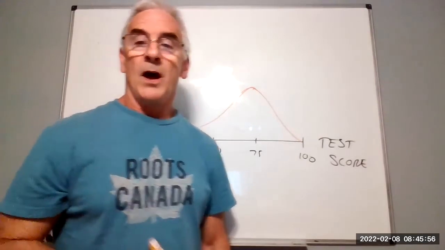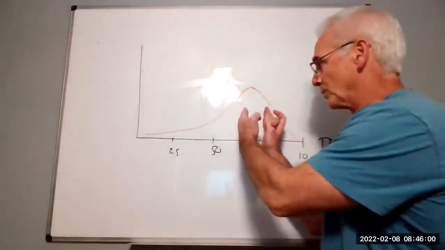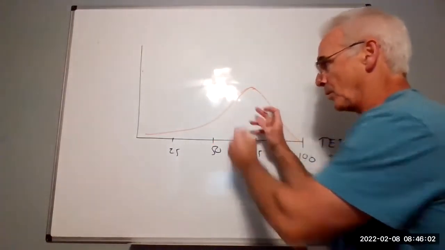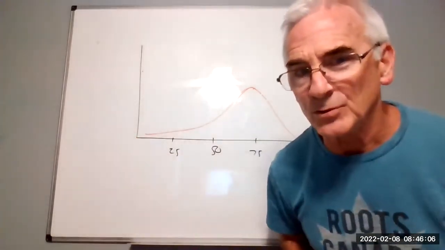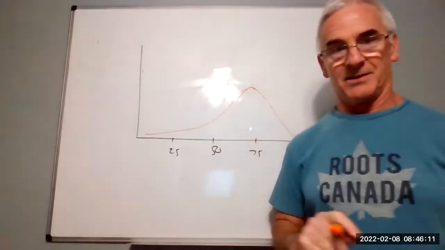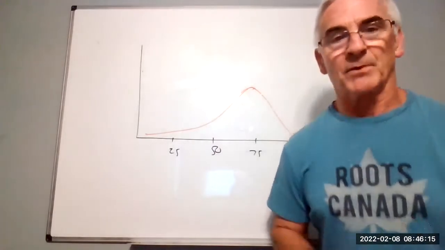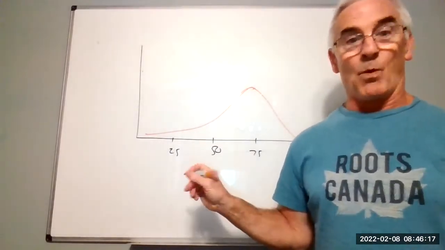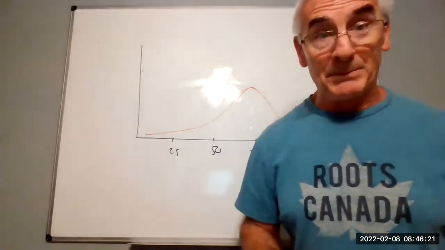If I was reporting the average, and most of the scores are in this range, with some a little higher, some a little lower, but maybe 1 or 2 no-shows got zeros, what's that going to do to the mean? It's going to pull the mean this way. The mean might not be the best number for an average for an exam, because the mean might be below most of the people in the class.